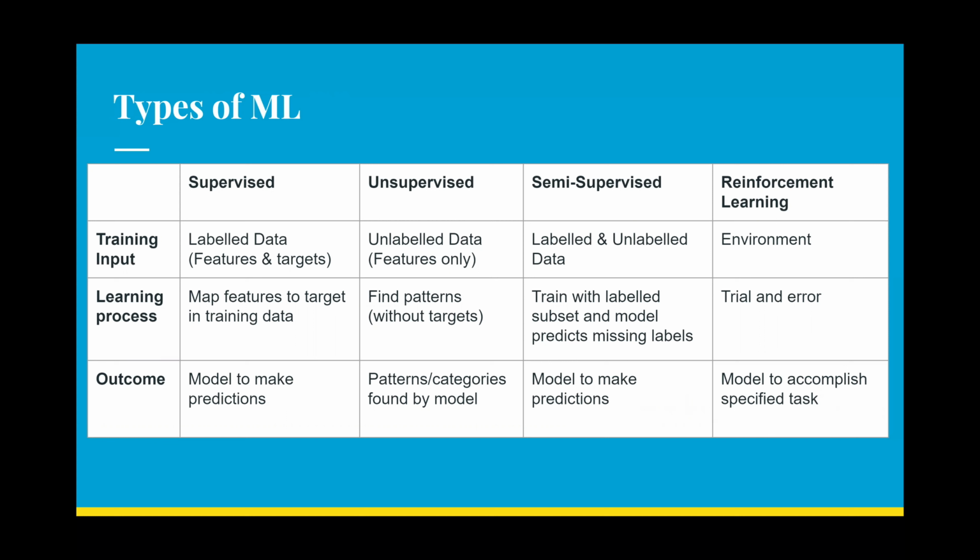In other words, having access to those features and targets, which can also be thought of as having access to both the questions and the answers and learning from that, like a cheat sheet. Whereas unsupervised is not having access to those answers, the cheat sheet, so the algorithm is left by itself to find any patterns that may or may not exist within the data.